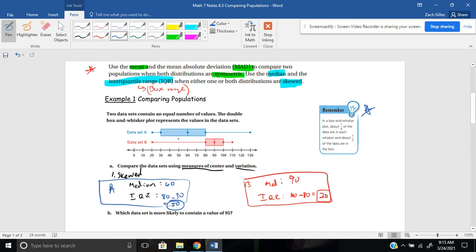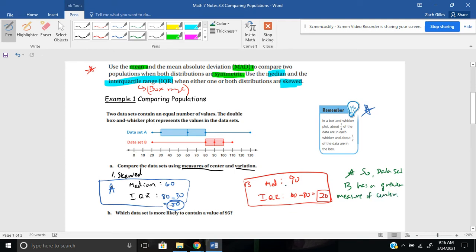So when we compare the measures of center and variation, I'm going to make a statement here for kind of my final answer. I'm going to say, data set B right here has a greater measure of center.